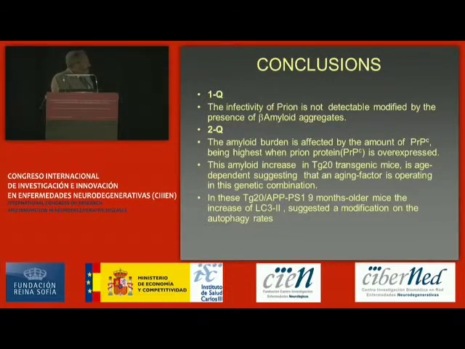And finally, the presence of APP-PS1 and TG20 apparently increases not only the amyloid in the brain, but triggers a response in the neurons that in part is clearly an increase of autophagy, which probably suggests that it's trying to get rid of the amount of amyloid that we are overexpressing.